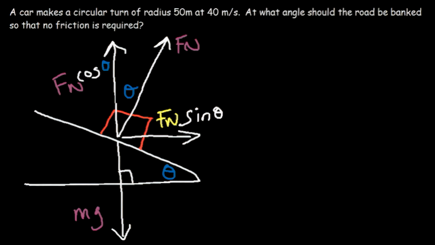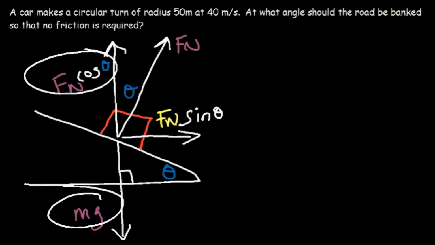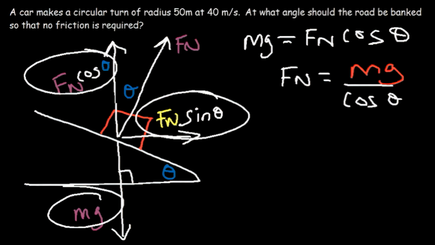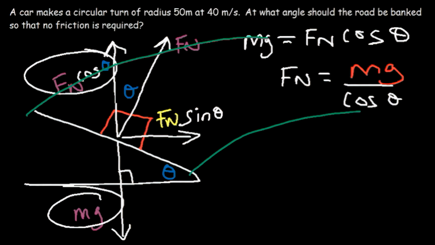So what you need to know is that this component of the normal force supports the entire weight of the object. So mg is equal to Fn cosine theta. Therefore, the normal force for this type of problem is mg divided by cosine. Now, the horizontal component provides the centripetal force because the car is making a turn on a bank road.